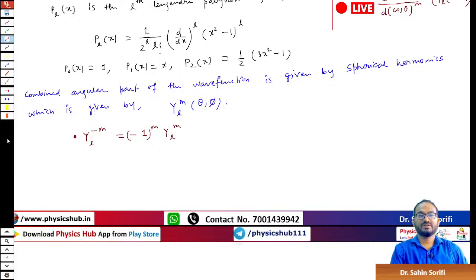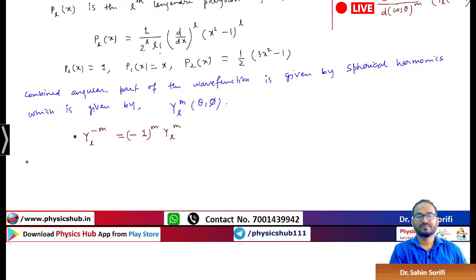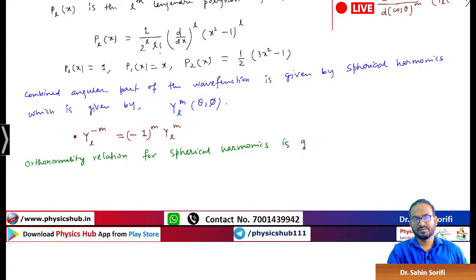Now the orthonormality relation for spherical harmonics is given by: YLM is a function of theta and phi. What is the limit for theta? It is 0 to pi. What is the limit for phi? It is 0 to 2 pi.